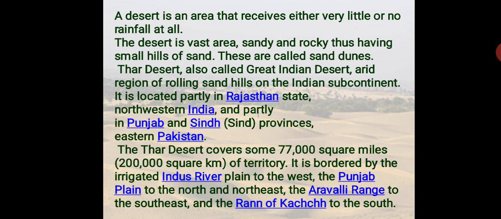It is bordered by the irrigated Indus River plain to the west, the Punjab plain to the north and northeast, the Aravalli range to the southeast, and the Rann of Kutch to the south.